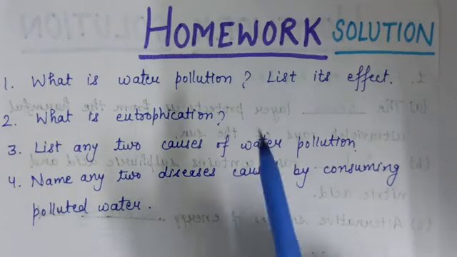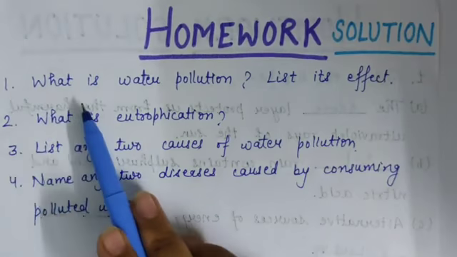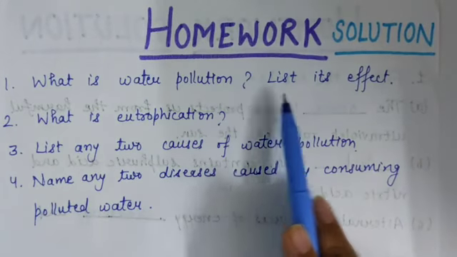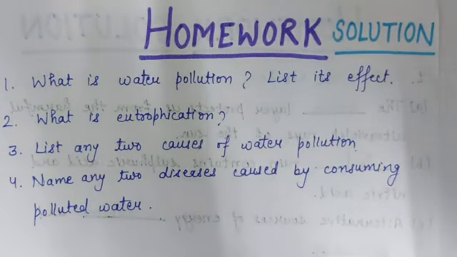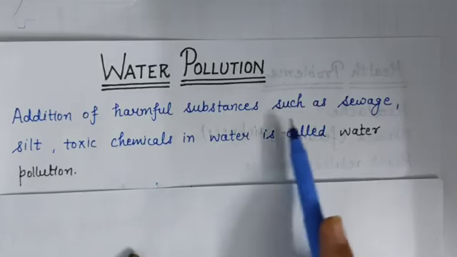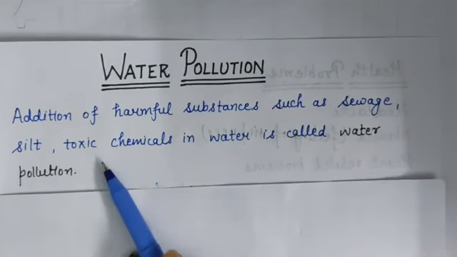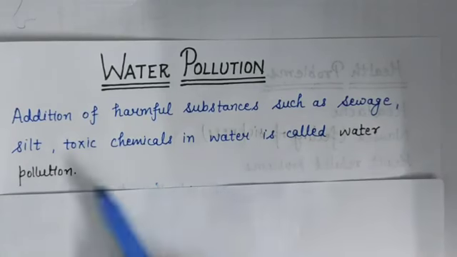Now we will discuss the homework solution of the previous lecture. First question is, what is water pollution? List its effects. So the answer is, addition of harmful substances such as sewage, silt, toxic chemicals in water is called water pollution.